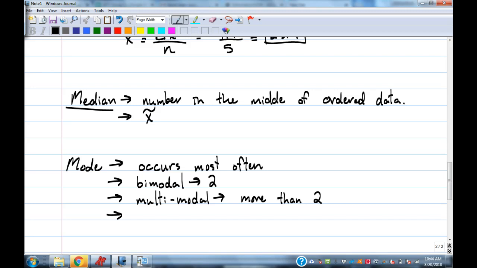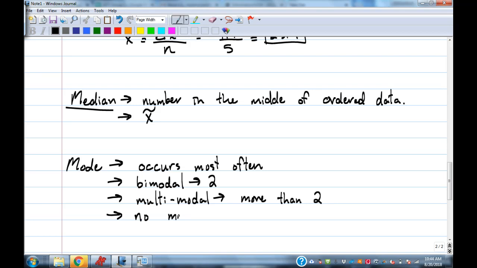You could have 4. Depending on how big your data set is, what's going on, you may have more than one mode out of that. Bimodal is pretty common. More than that, not as common, but possible. So multimodal, anything more than 2. Or do you have to have a mode? No, there doesn't have to be one.